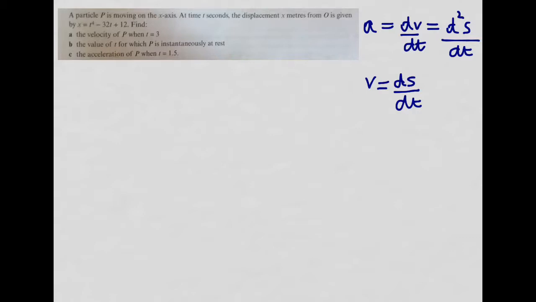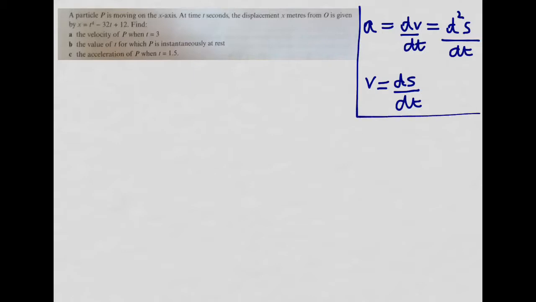Now let's read the question. A particle P is moving on the x-axis. At time t seconds, the displacement x meters from O is given by x equals t to the power 4, subtract 32t, add 12. Find A, the velocity of P when t equals 3.